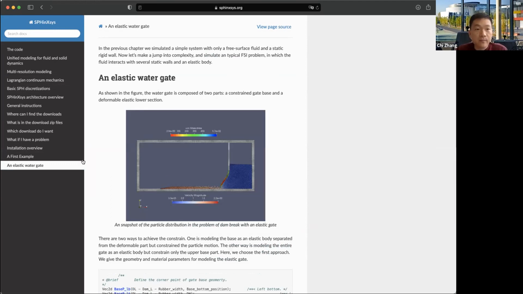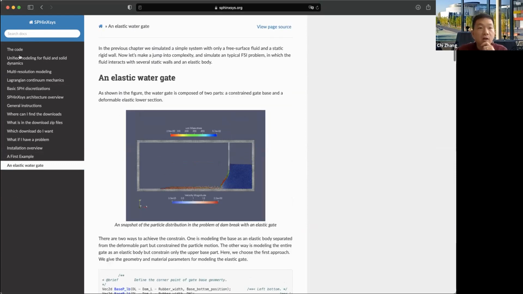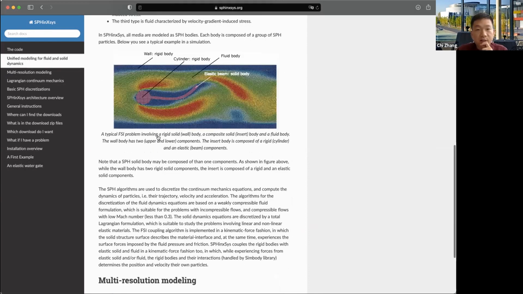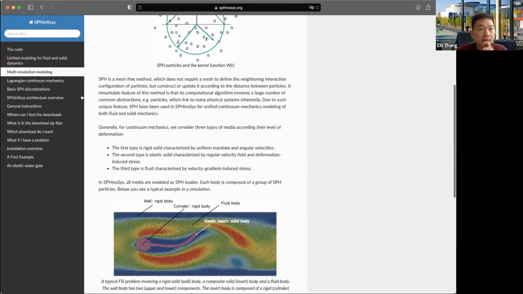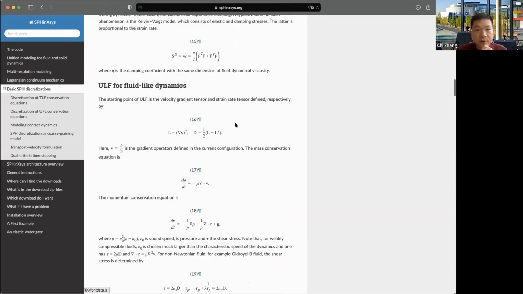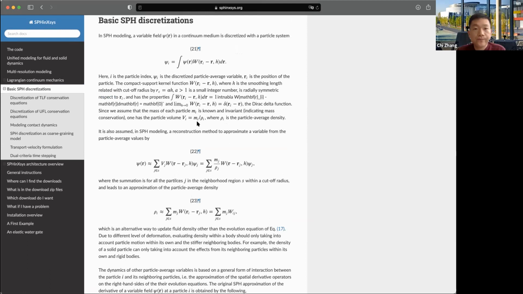We are adding more examples to this tutorial. You can also find the basic theory, structure overview, multi-resolution modeling, and some basic theory concerning the SPH method.